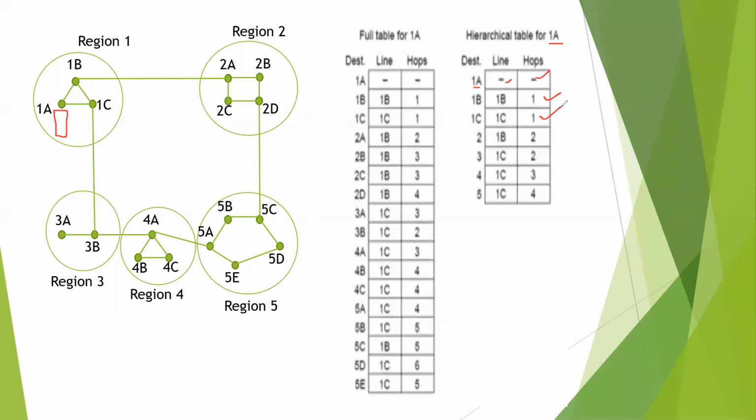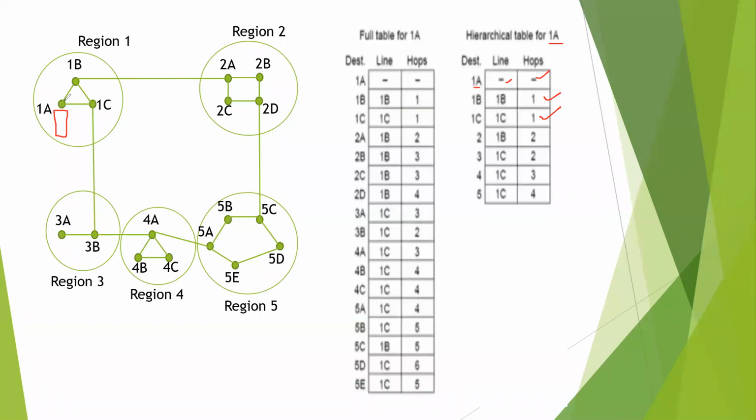Now, to reach any router in region 2, it has to make use of 1B, because that is the only link that will give you shorter hops. The number of hops will be less.